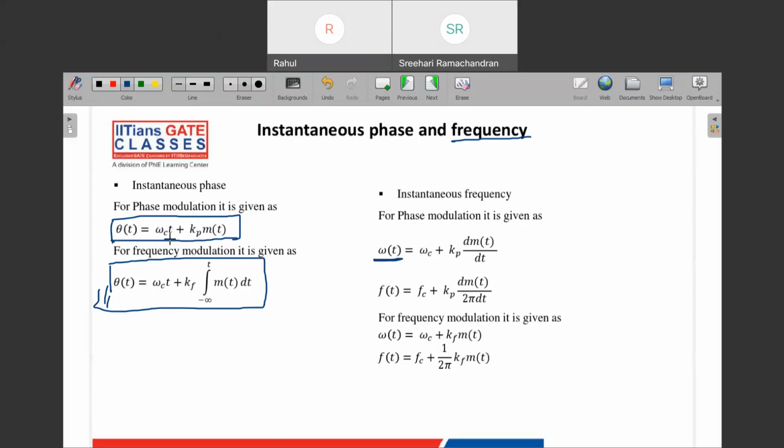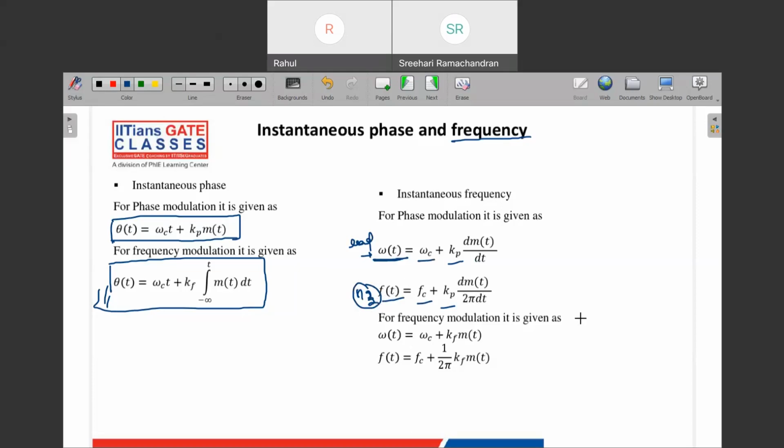When you take the derivative of this, the frequency will be given as omega c plus kp times the differentiation of m(t). This is in the omega domain, which is radian. But if it is in hertz, you can write it like this: f(t) is equal to fc plus kp d by dt m(t), and there will be 1 by 2 pi because we are now writing in terms of hertz.